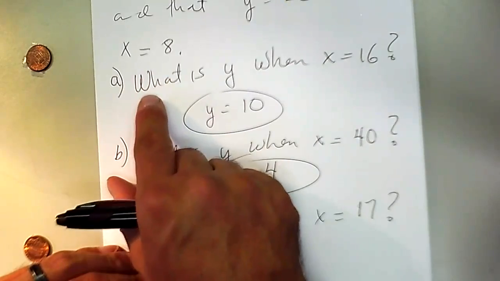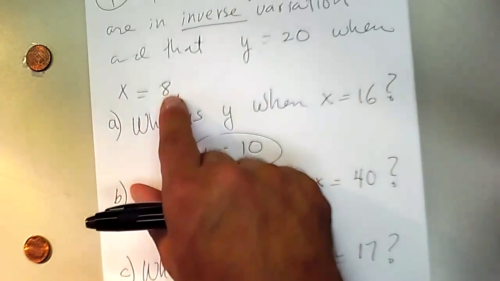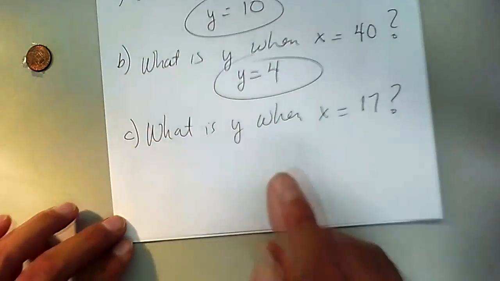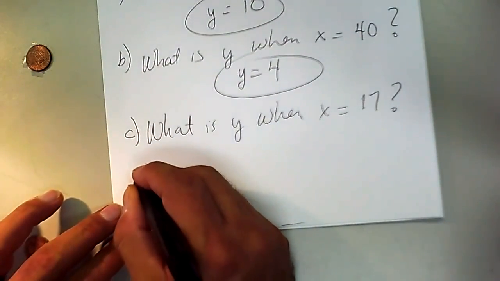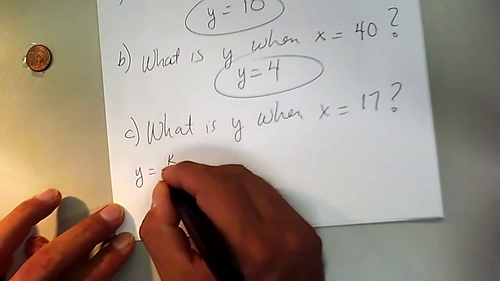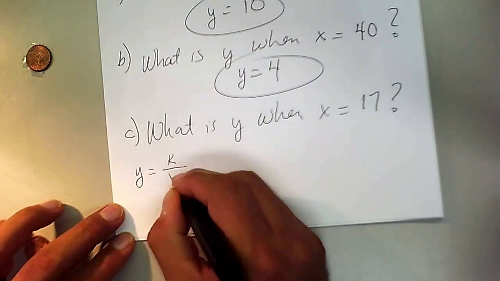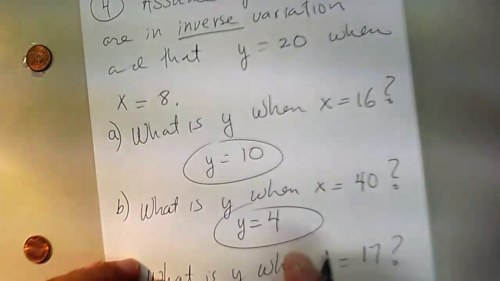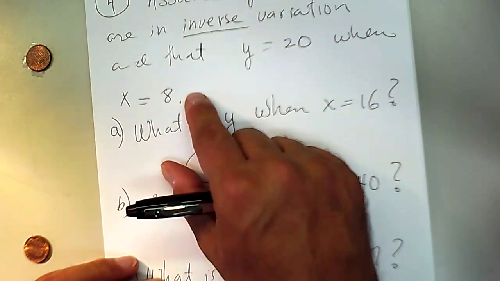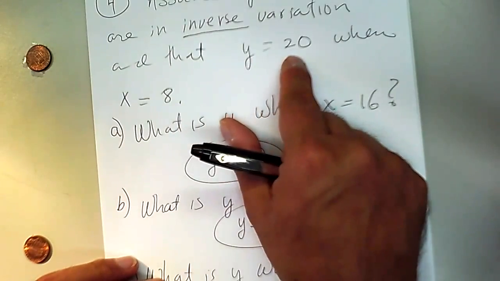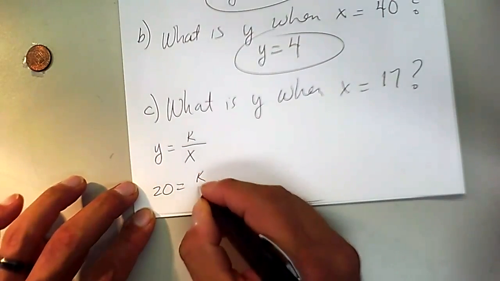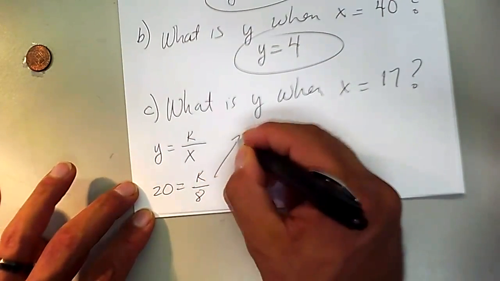Let's see. Okay, so y and x are in inverse variation. So that tells me that the equation that relates the two is some constant, we don't know what the constant is, divided by x. But we do have enough information to figure out what that constant is. You know, y is 20 when x is 8. So 20 is equal to a constant divided by 8.